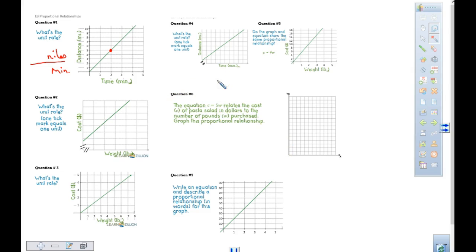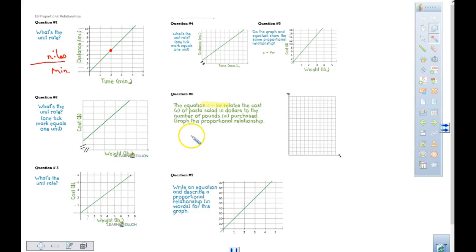If you take a look at question number 6, please look at number 6 right now. In number 6, it is asking you to use the equation C equals 5W. So as we look at that equation, can we tell what our unit rate is? C equals 5W.